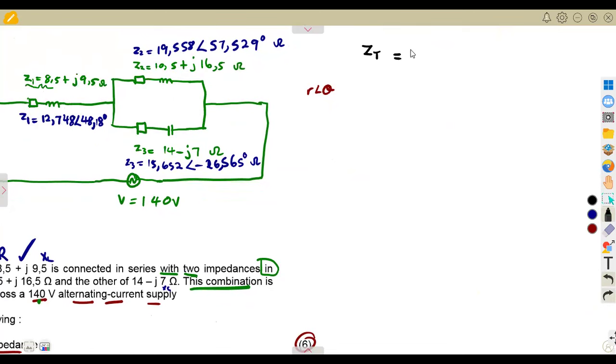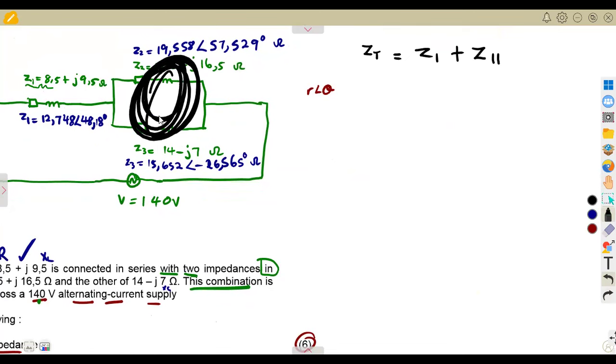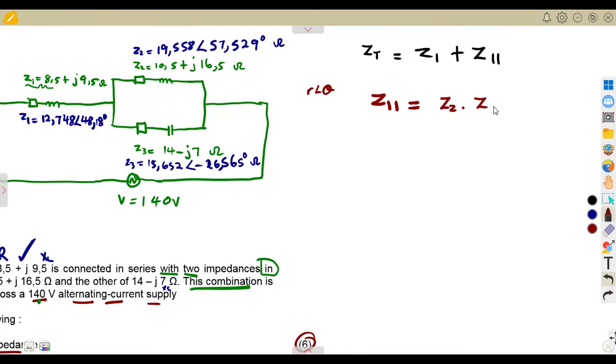So to find ZT, you're going to consider Z1 plus the parallel combination of Z2 and Z3. You can calculate your parallel combination aside. The parallel combination, remember, product over sum. So we are going to consider Z2 times Z3 over the sum, Z2 plus Z3.